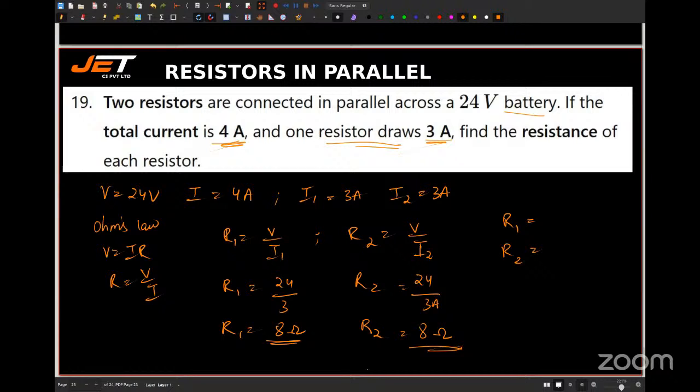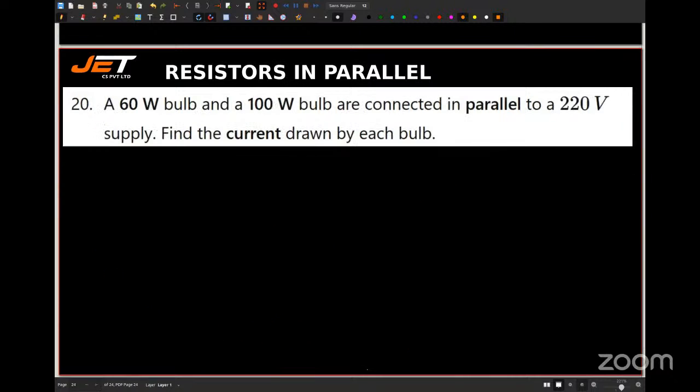There can be so many questions asked based on parallel and series resistance configurations with voltage, current, and power. Put it in different places. Now, a 60-watt bulb and 100-watt bulb are connected in parallel to a 220-volt supply.